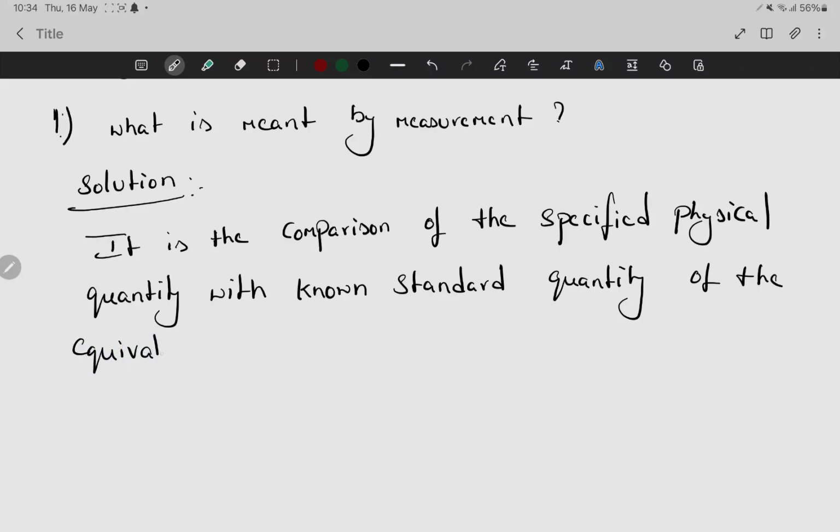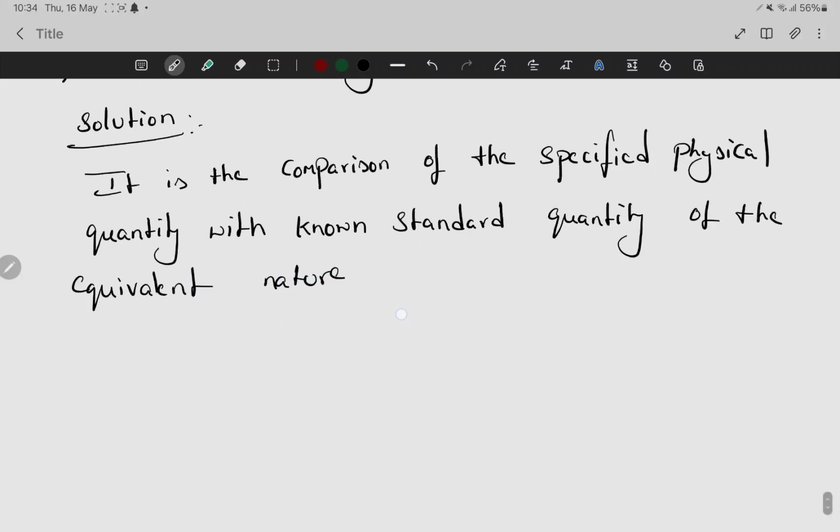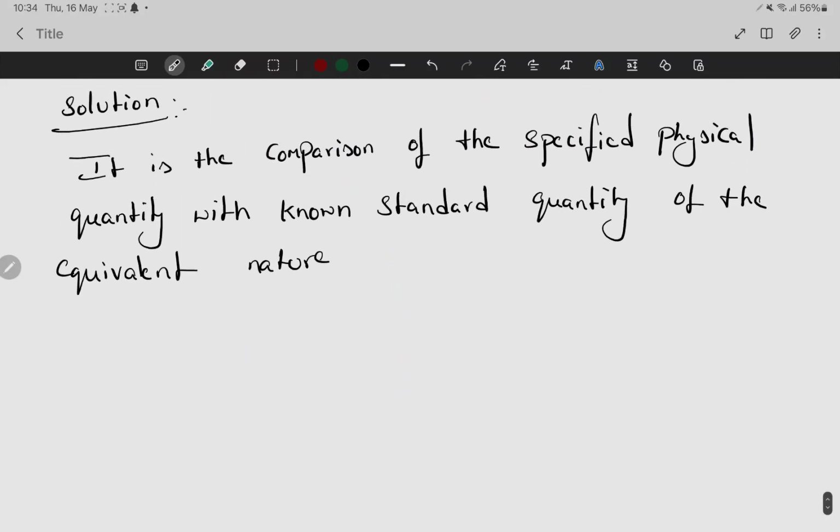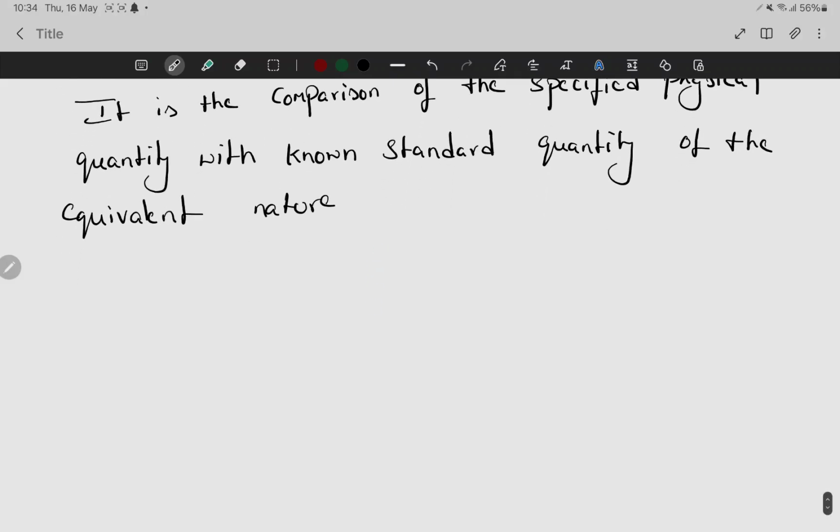Remember, the comparison of a specified physical quantity with the known standard quantity of equivalent nature, we call it as measurement.